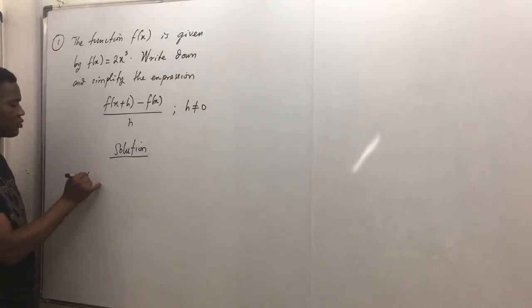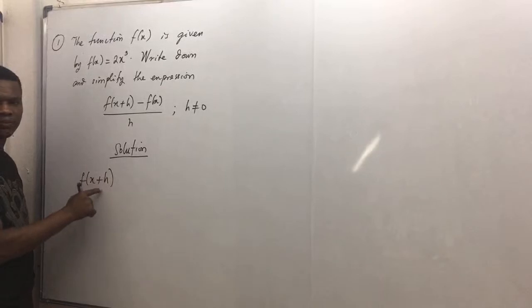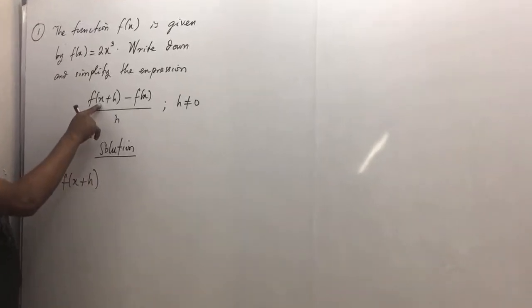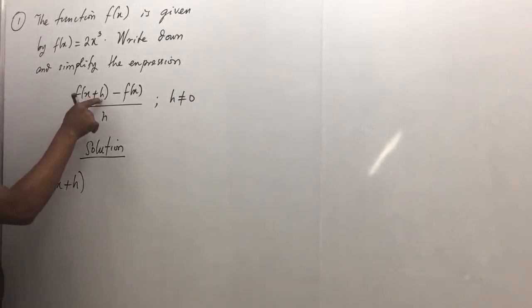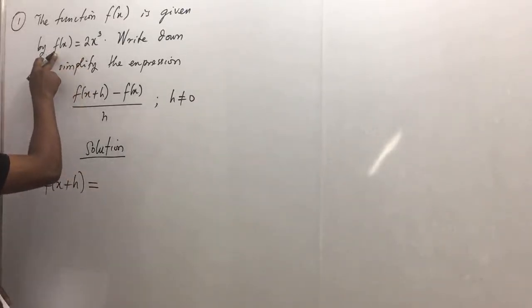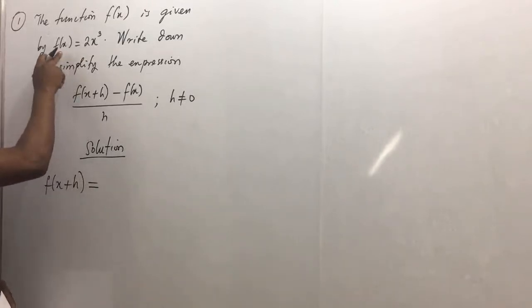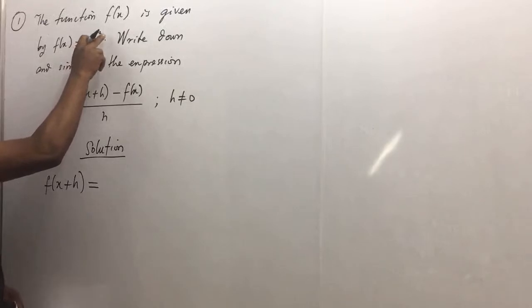I'm going to start with obtaining an expression for f of x plus h. Now, if you look at this expression they've given to us, it carries f of x plus h. So I'm going to write down the expression for f of x plus h. How am I going to do that? Take note, you have been given an expression for f of x already, that f of x is 2 times anything x is, all cubed.